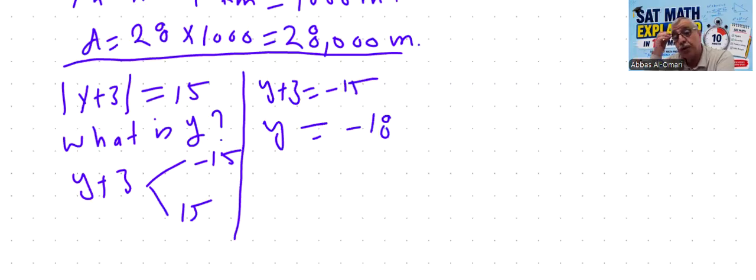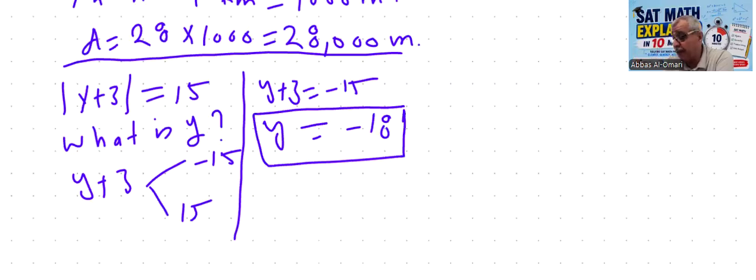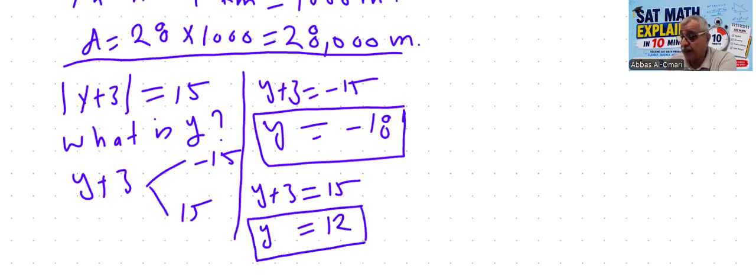And the second possibility is that y plus 3 equals 15, in which case, if we subtract 3 from both sides, we will get y equals 12. So there are two values for y, either 12 or minus 18, which satisfies this equation. Next question.